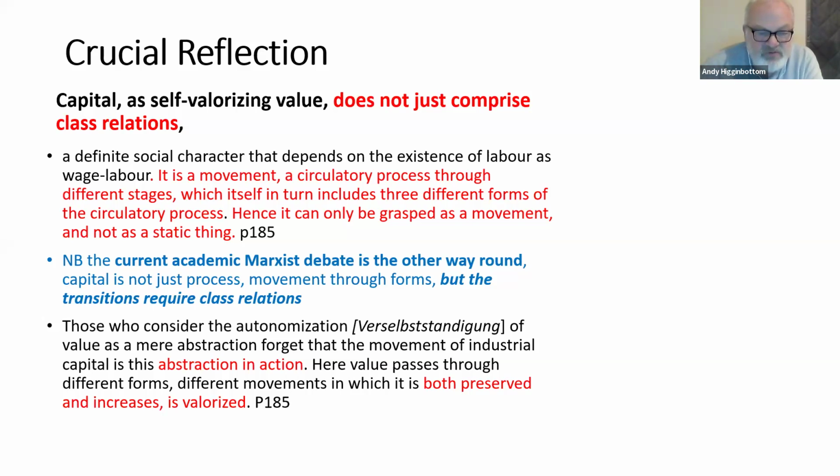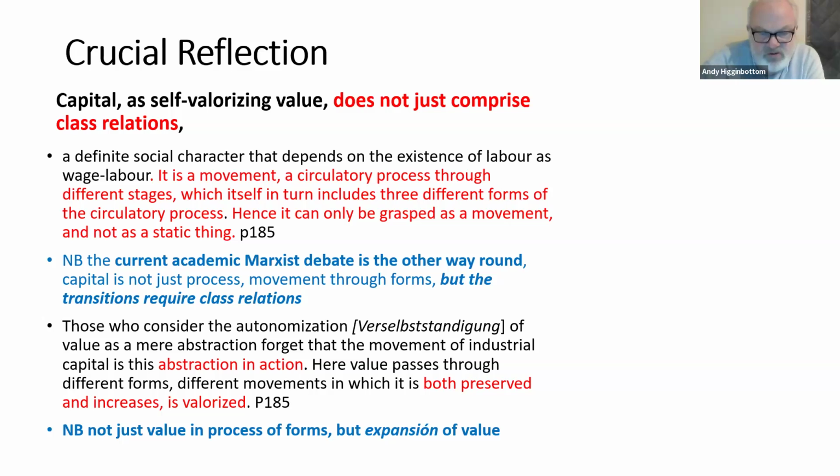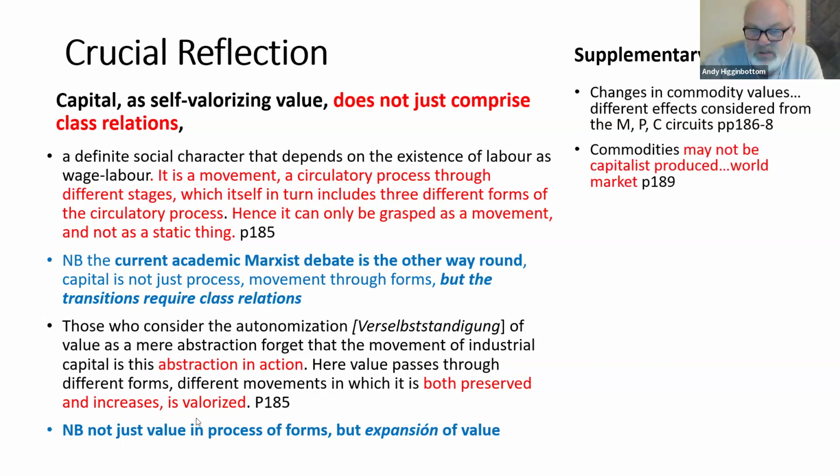So the notion of capital as abstraction in action has also got some vogue in Marxist academic commentary. Again, most of the commentary in volume 2, and there's not an awful lot of it, writes about value as processing forms. But it's a process which leads to an expansion of value.